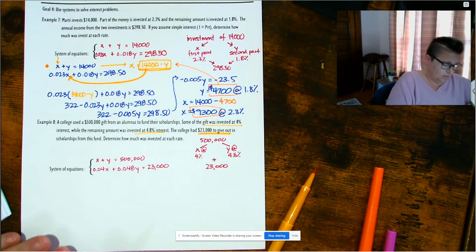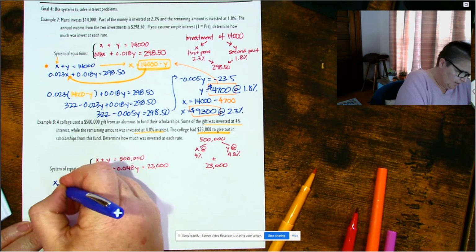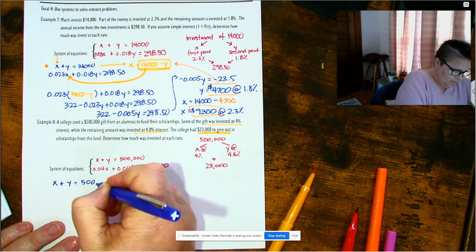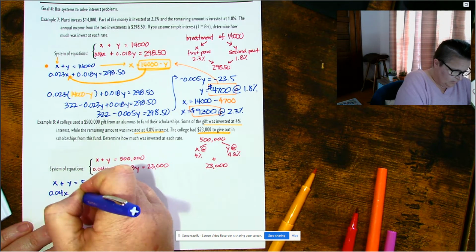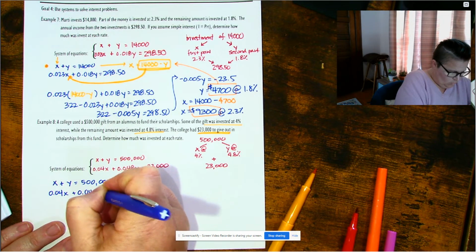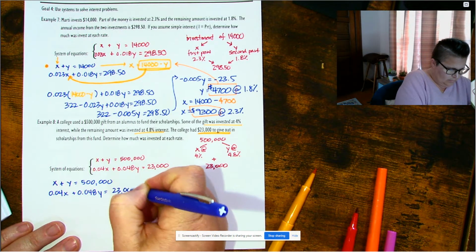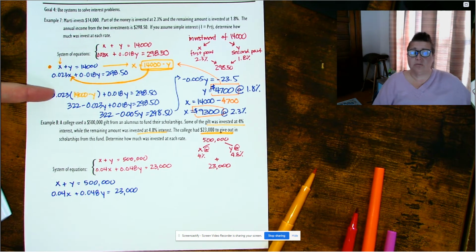All right, we're good. All right, rewriting, because I like to rewrite a lot. X plus y is 500,000. And 0.04x plus 0.048y is 23,000. Okay. So for the first example, I did the substitution process.